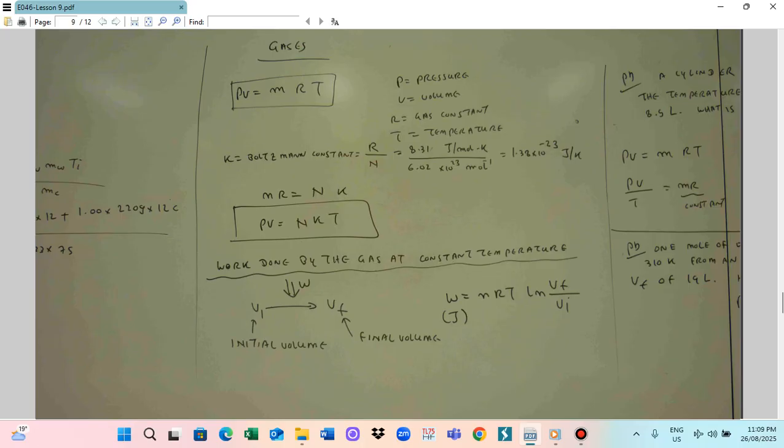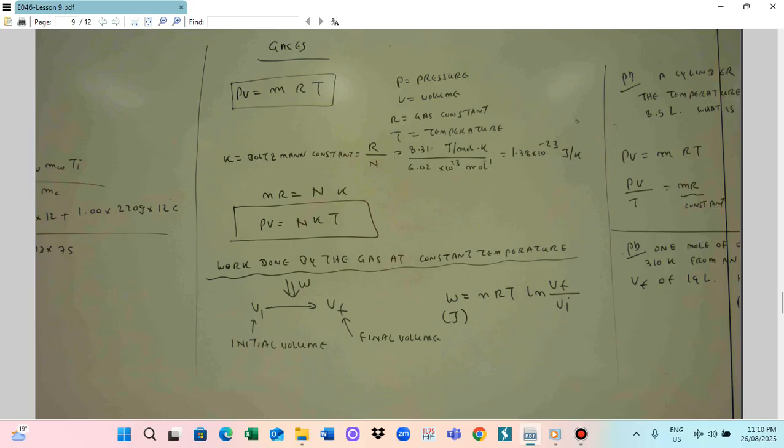At constant temperature, the work done required to change the volume is W, which can be calculated as W equal to nRT ln final volume divided by initial volume. So we can calculate it this way: nRT multiplied by ln V2 divided by V1. So this is how the work done by the gas can be calculated.